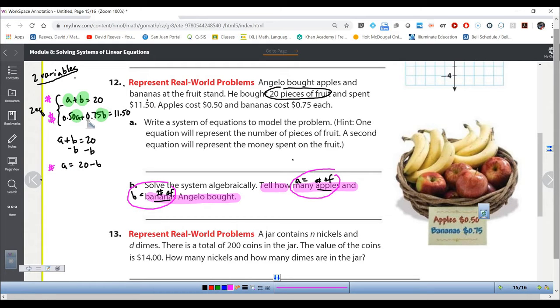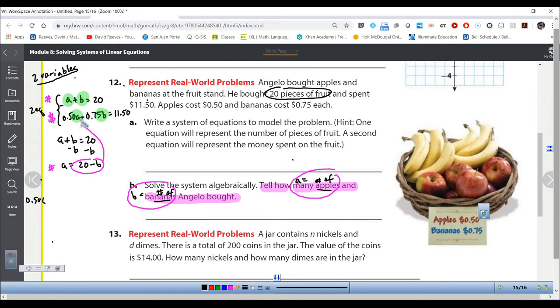So now we can go into that second equation and replace A, right? I can replace A with what A is equal to right there. So here we go. I'm going to go 50 cents times the number of apples.